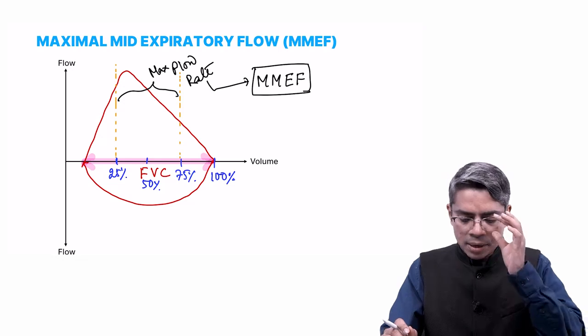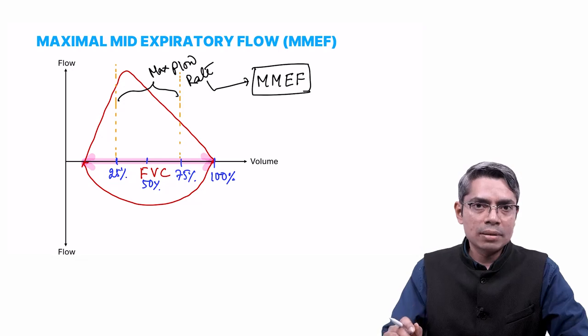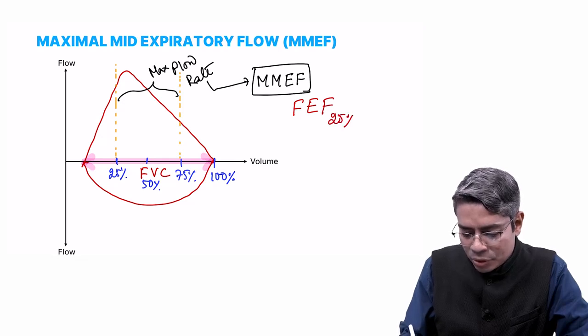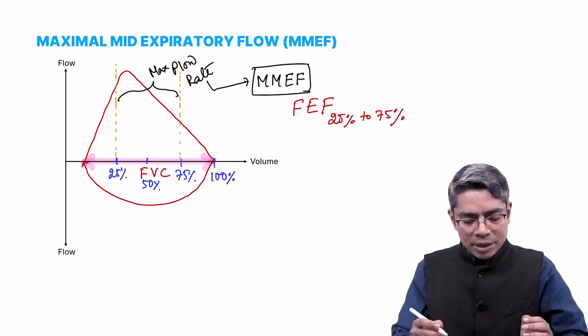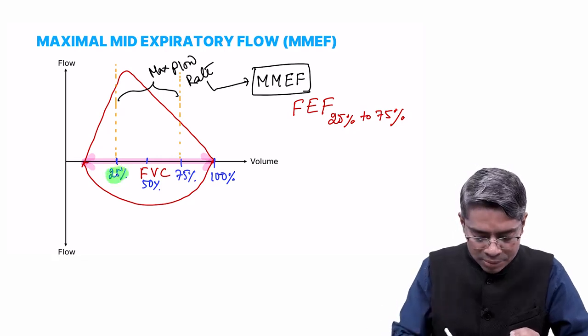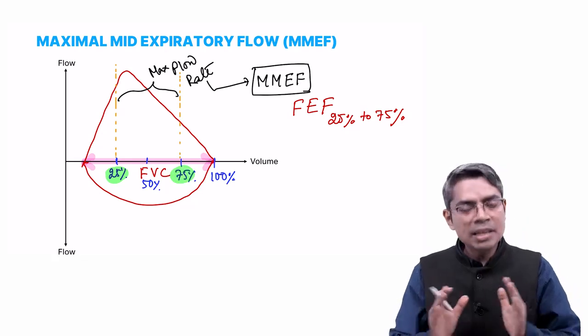Got it? Okay. Now, this MMEF is also known as FEF 25 to 75%. Why? Look at what we are measuring. We are measuring the maximum flow rate from this 25 to 75% of the volume expiration, that is, the middle part.